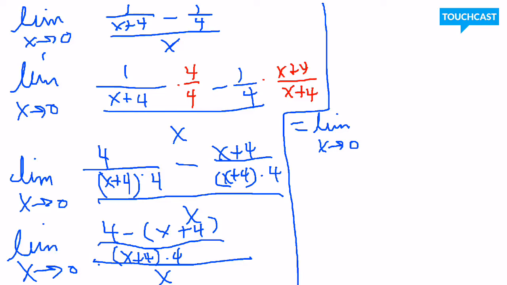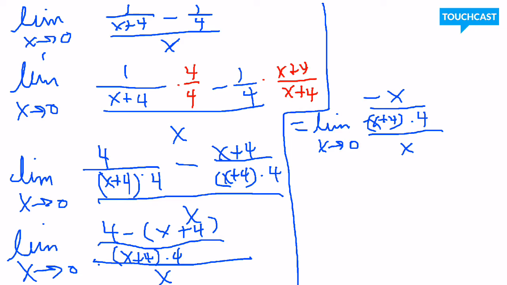I'm going to come up here. So if I think about simplifying that subtraction expression, 4 minus the quantity x plus 4, that's 4 minus x minus 4. I have a 4 minus 4 which cancels, leaves me negative x over x plus 4 times 4. And that was all over x. Now I have a complex fraction that looks like one single fraction in the numerator and then an expression in the denominator.